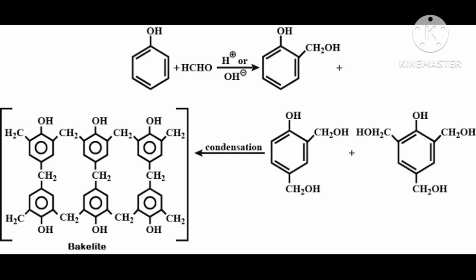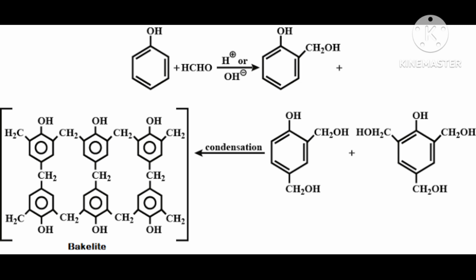Then phenol formaldehyde polymers are the oldest synthetic polymers. These are obtained by condensation reaction of phenol with formaldehyde in the presence of either an acid or a base catalyst.